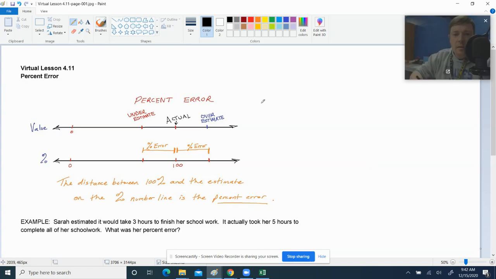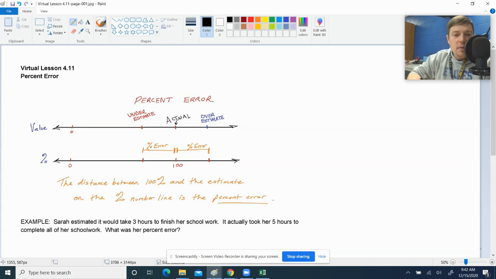Percent error is something that we've already been looking at based on our double number line. So I put an example on here of what percent error is. On our double number line, 100% is going to represent an actual thing, like an actual measurement or an actual height or an actual weight or an actual distance, the real deal, how big something really turns out to be.